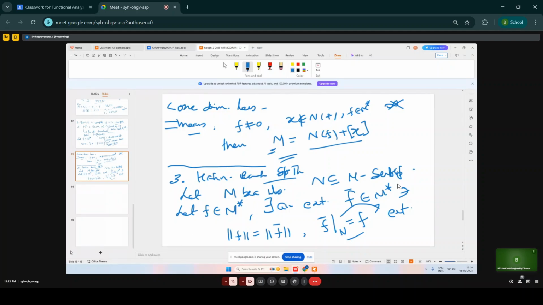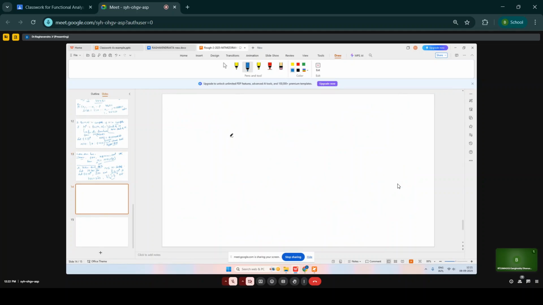So you might ask what is so great about it. It's great because it has too many applications. One application I'll give you today. Suppose M is a normed linear space, x, y are in M and x not equal to y.